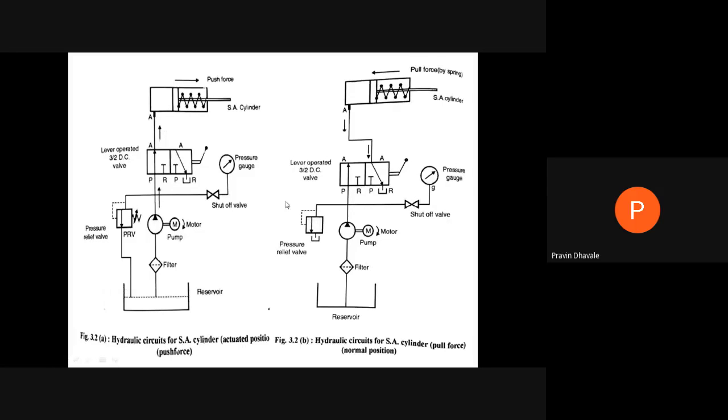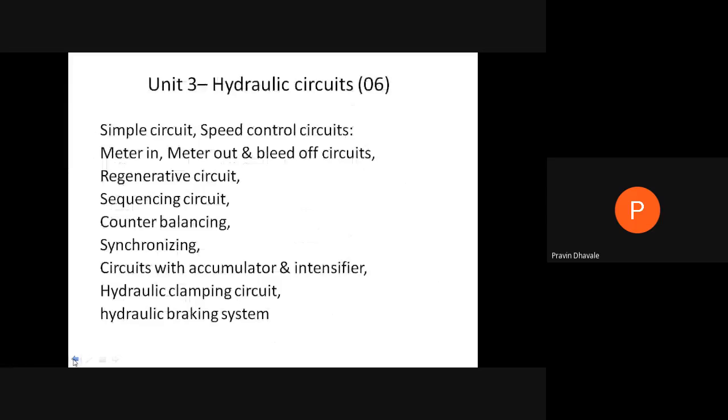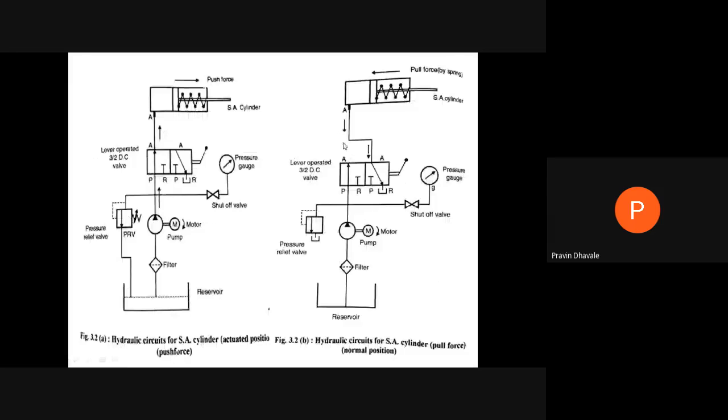This will be the diagram, right? It will show the simple hydraulic circuit. Now, what are the different elements of this circuit? Just in this diagram, try to understand the different elements of this circuit. Then we will discuss.